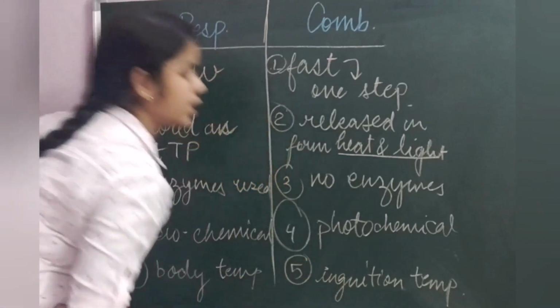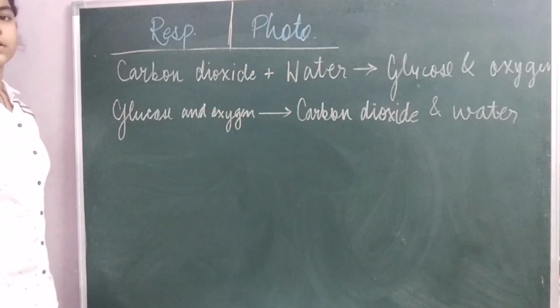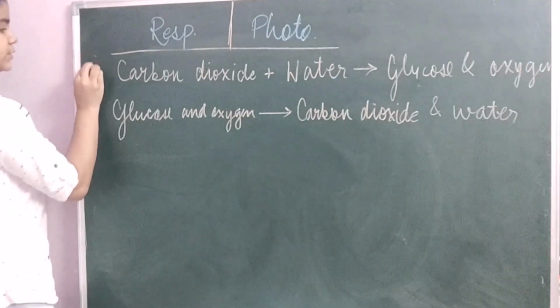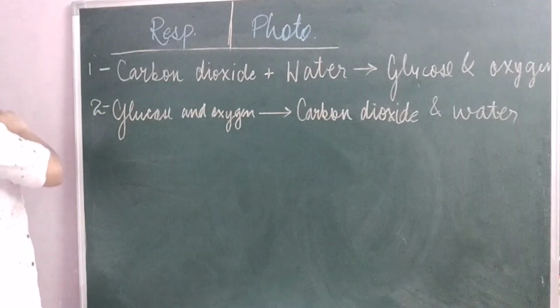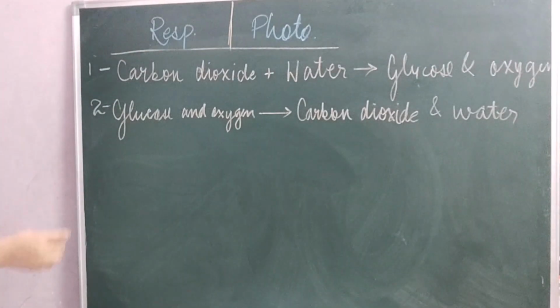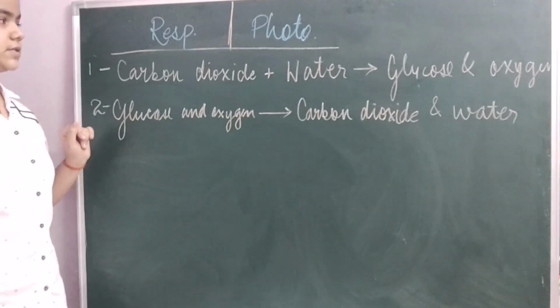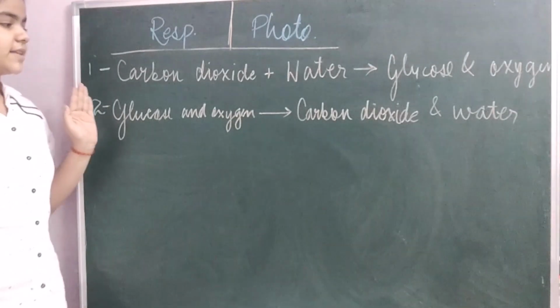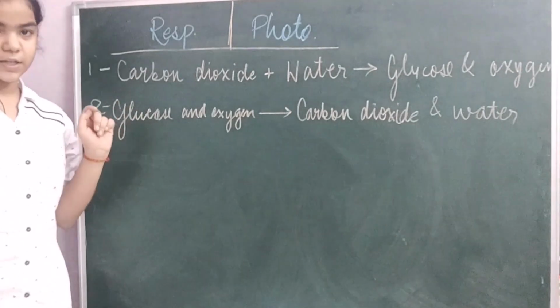Let us move further to the difference between photosynthesis and respiration. Okay, so on the board you can see 2 different reactions. Now I want you to make out which one is of respiration. यहाँ बताइए कि यहाँ पे कौन सा respiration का equation है.